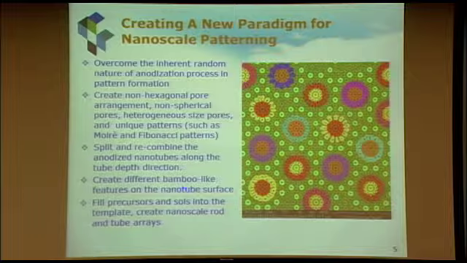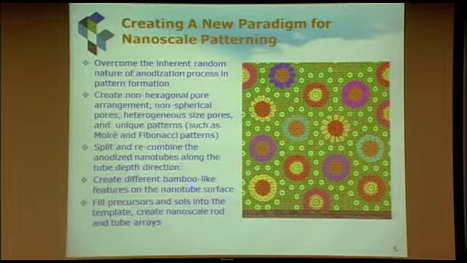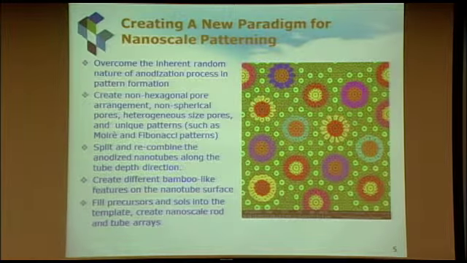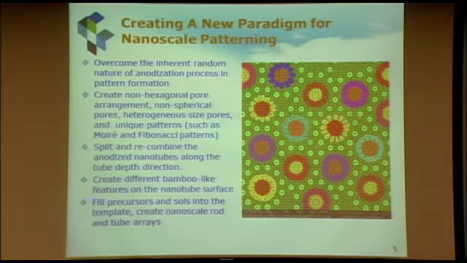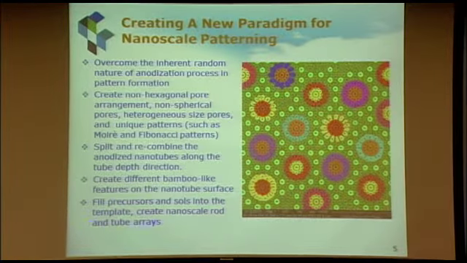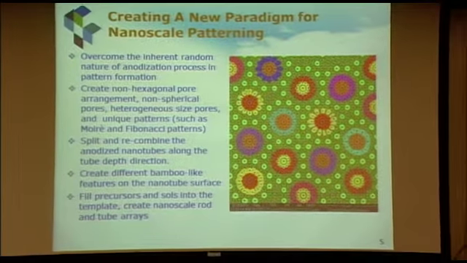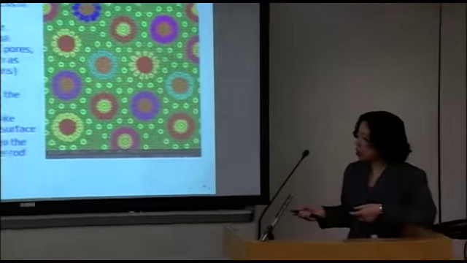Sometimes you see me switch between pores and tubes, but we just need to switch the matrix material to do that. And then the final goal is to use this as a template to fill in precursors, salts, and other liquids, so that we can create arrays of things.